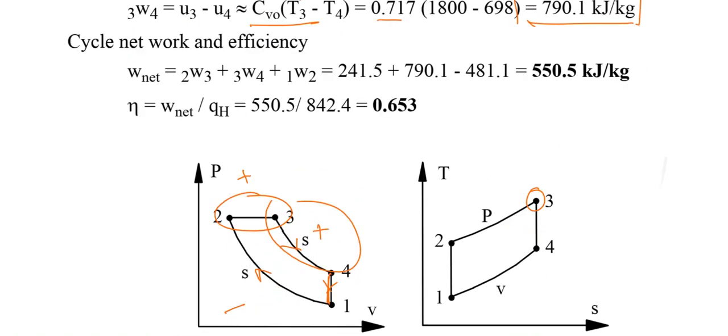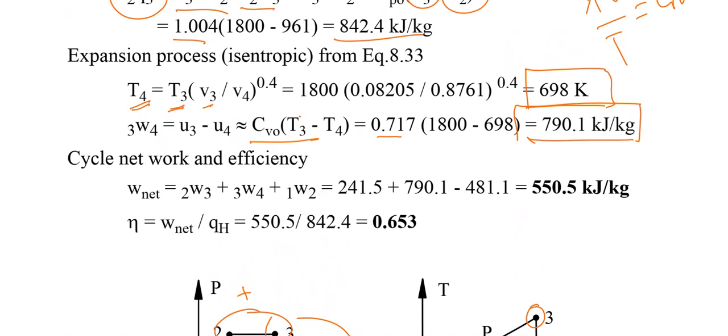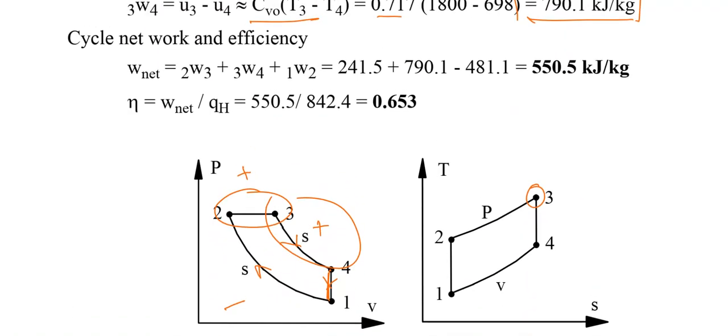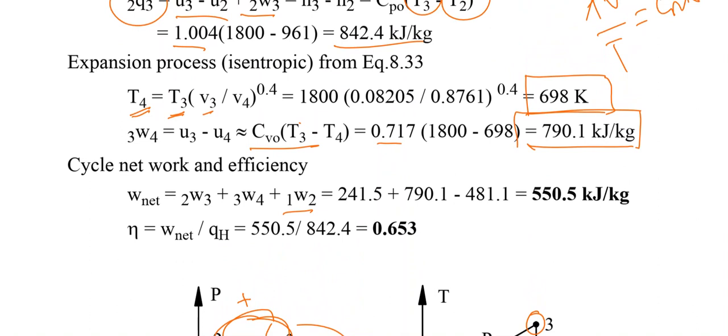Putting the values which we have already got, 241.5 from 2 to 3 plus 790.1 minus the work done from 1 to 2, the net work in the cycle is equal to 550.5 kilojoule per kg.